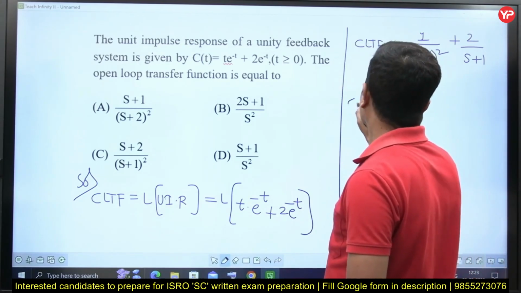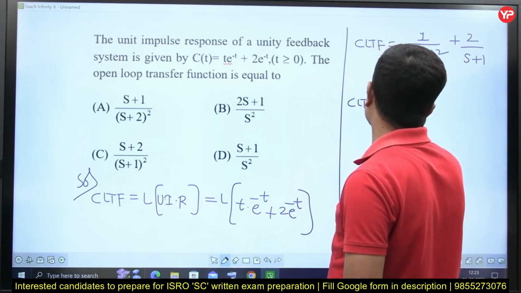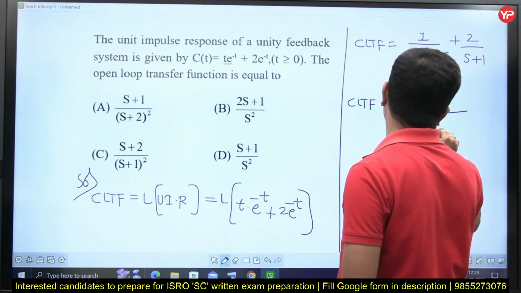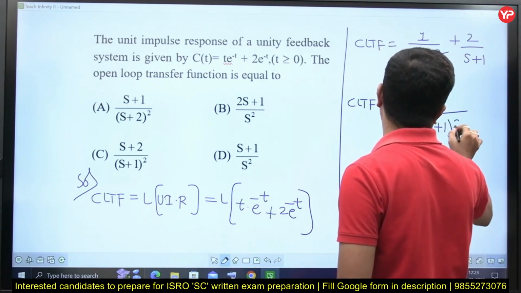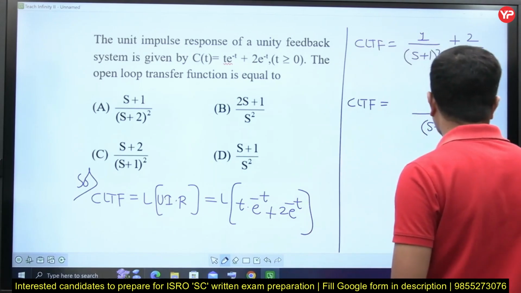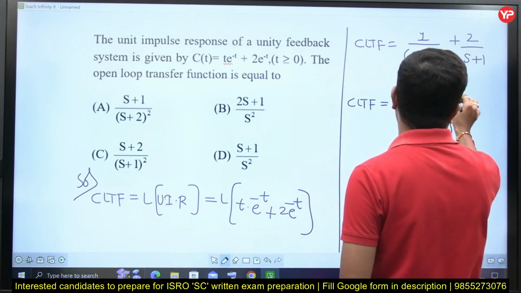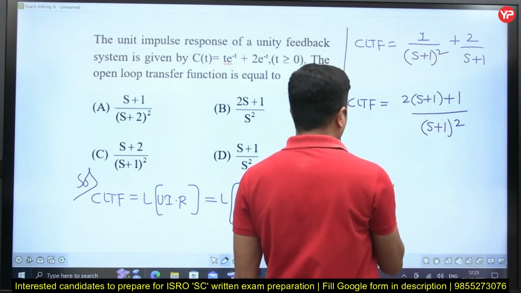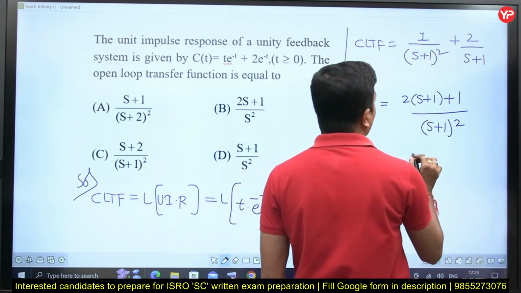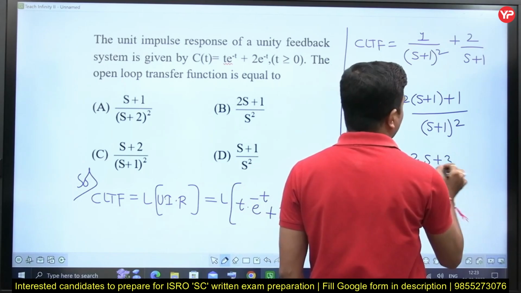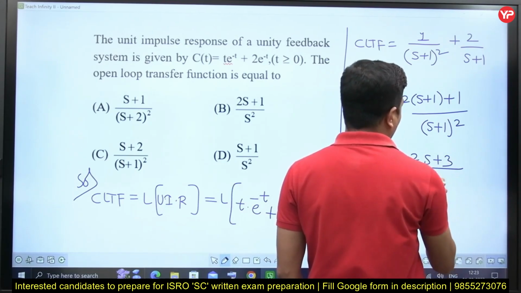Now if I do it, closed loop transfer function is equal to s plus 1 whole square, now 2 into s plus 1 plus 1, right? So closed loop transfer function is equal to 2s plus 3 by s plus 1 whole square.